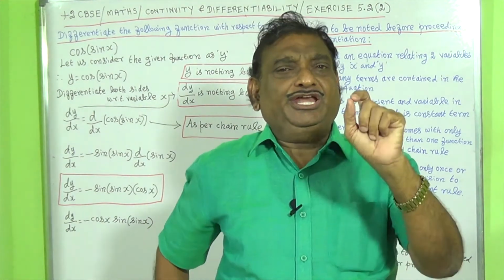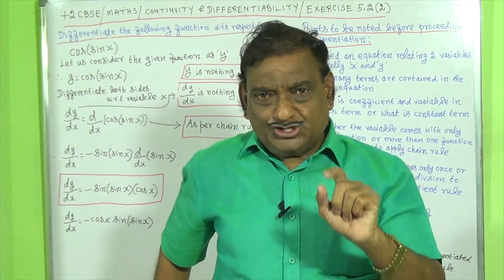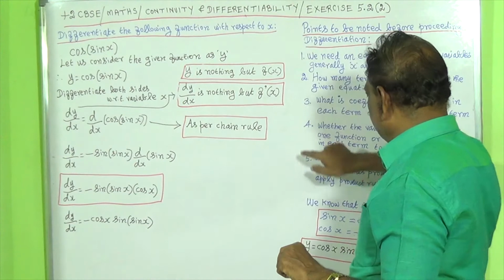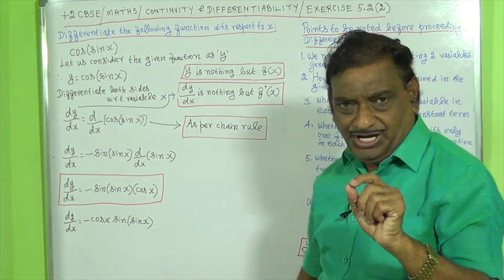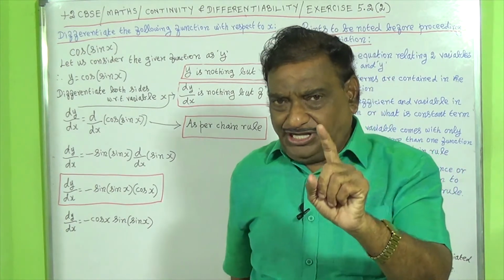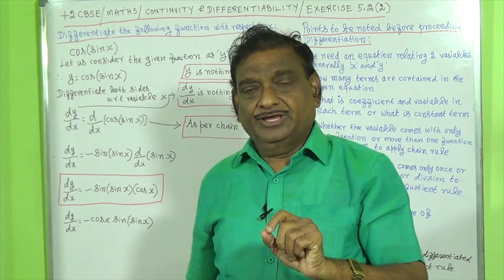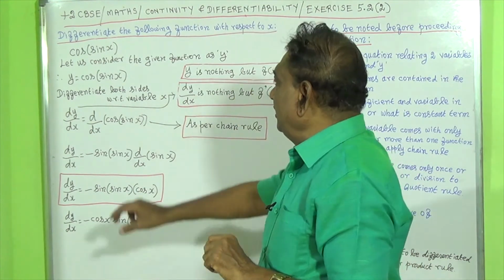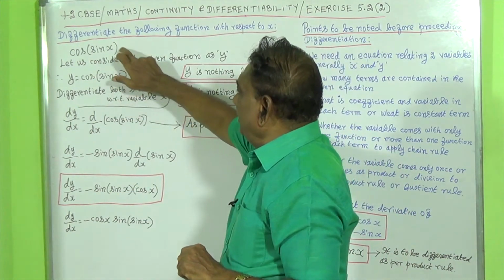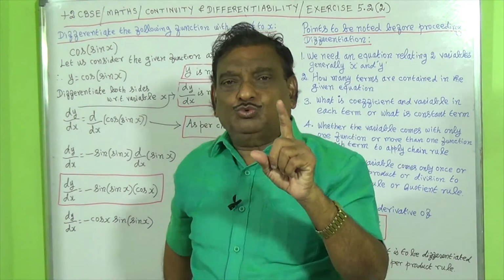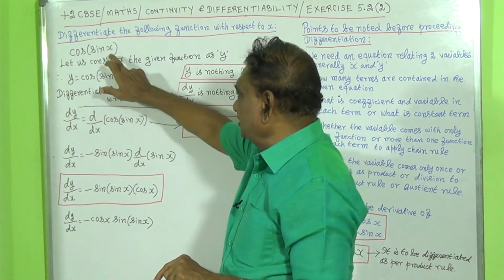Before proceeding to the differentiation, we should note at least these 5 points. The first point is we need an equation relating two variables, generally x and y, but in the given function there are not two variables, only one variable x.